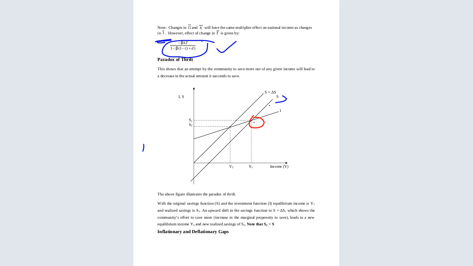That is where we have our equilibrium income, and we also have the savings, which equates investment. Now, an upward shift in the savings function: if you attempt to increase your savings, they will shift this savings function upward.